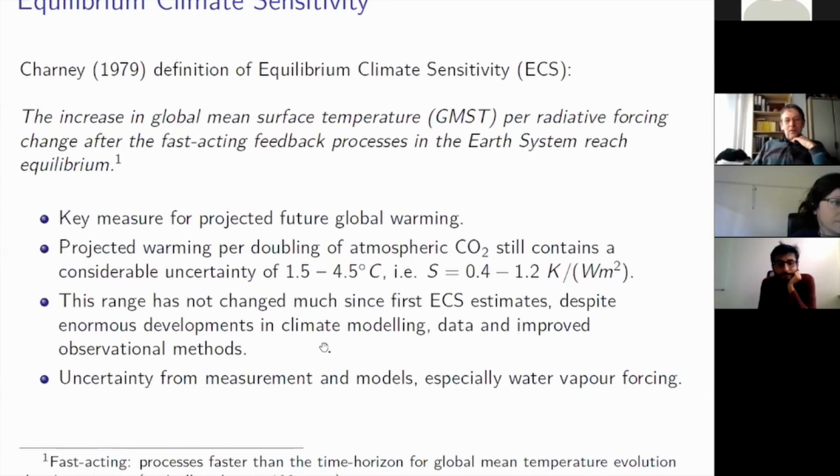So although we've got a lot of progress in modeling, in remote sensing, observational data, and data analysis, one of the conundrums is, why is this range so large, and in particular, why does it have such a long tail? I haven't got a distribution shown here, but if you look at the distribution, you probably know that it stretches off to very high sensitivities.